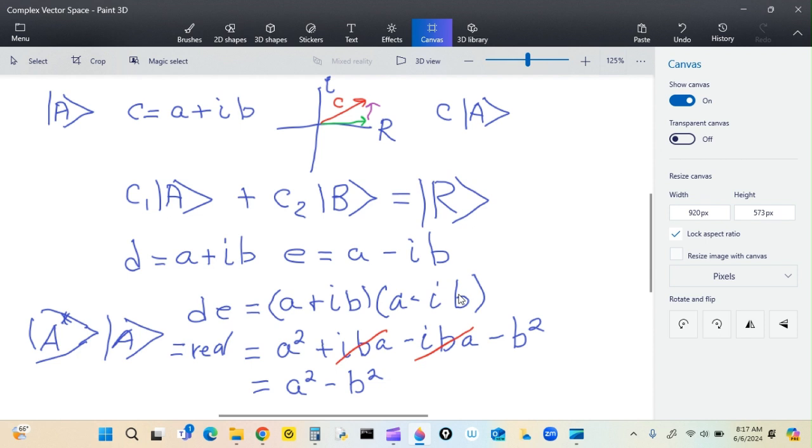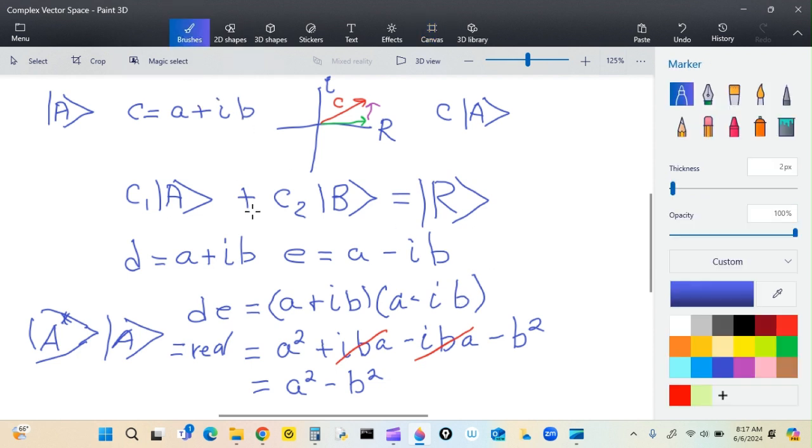Let's see, I've got a little mistake here. Let me go back and fix that. That should be a plus, because minus IB, where both the i's are multiplied together, that'd give me a -1, so that'd be a plus b squared.